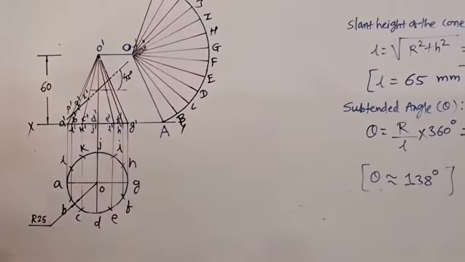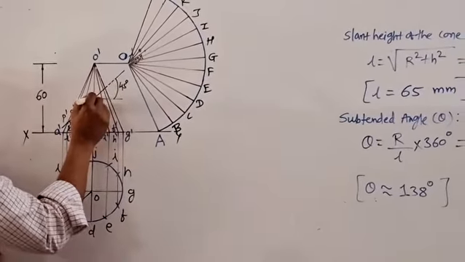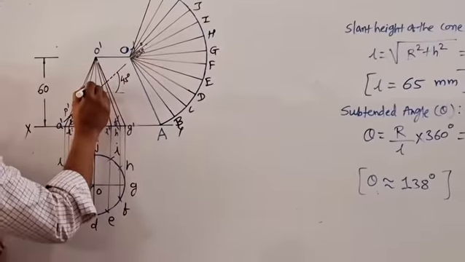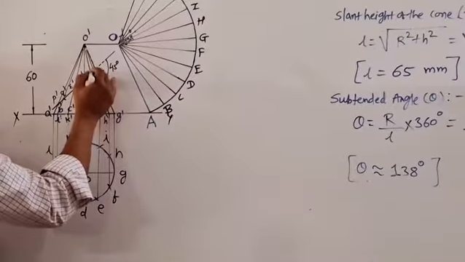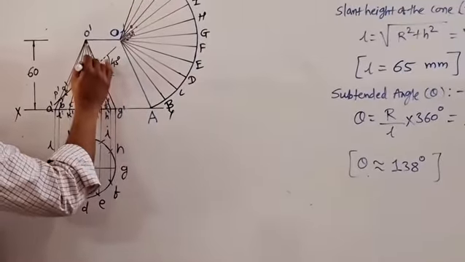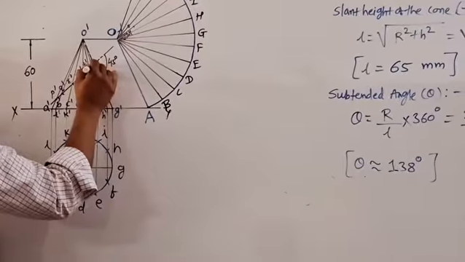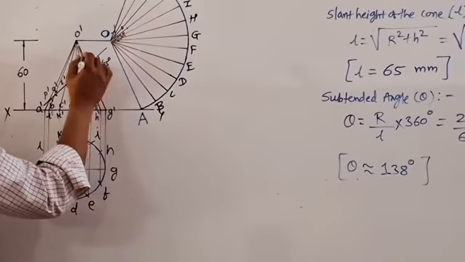Correct? Next, generator O dash D dash, section plane will cut at this point. This is S dash. Next, generator O dash E dash, section plane will cut at this point. This is T dash. Next is generator O dash F dash, cut section plane here.